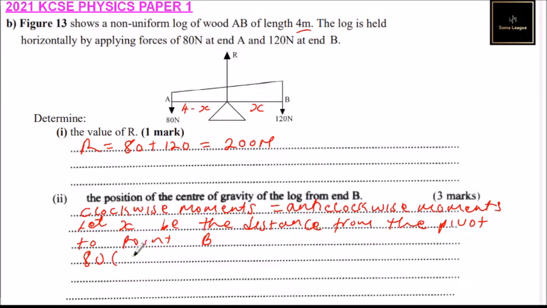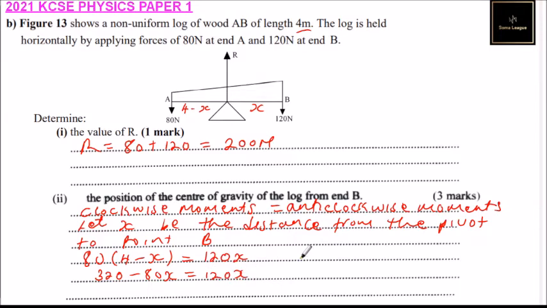So we say 80 multiplied by the distance from the pivot to A, which is 4 minus x, should be equal to 120 multiplied by x. Multiplying out, we get 320 minus 80x equals 120x.